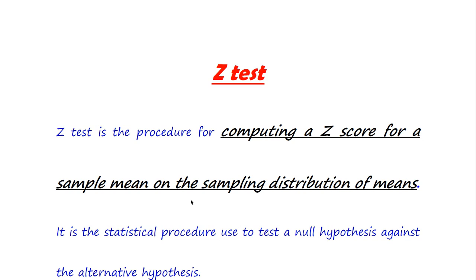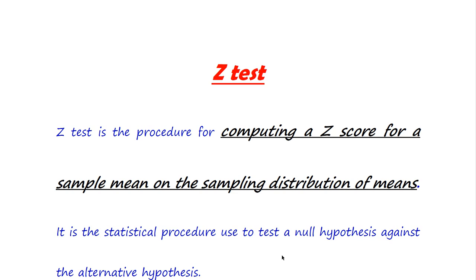If our sample belongs to the sampling distribution of the mean, as you know, from a population we draw different samples, and the distribution of their means is the sampling distribution of the mean. To test a hypothesis about the mean, we check it with the formula of the z-score, and this whole procedure is called the z-test. We can calculate the z-test also for proportions.